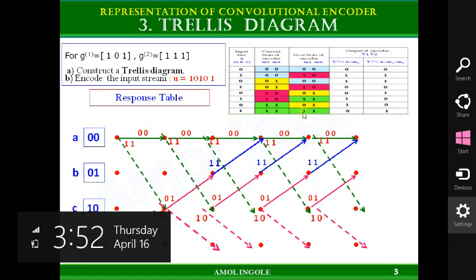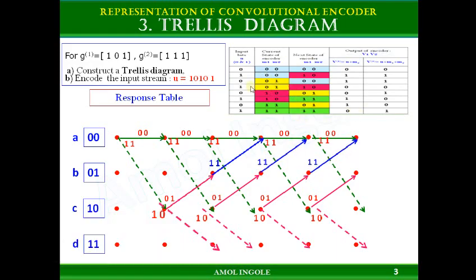Now we will consider input bit stream 1, input 1 with the 0 1 initial state, and it will take you to 1 0. So from here it will take you to 1 0 state, like this. This is how you can show it. From 0 1 state, when one input is given, it will take you to 1 0 state.